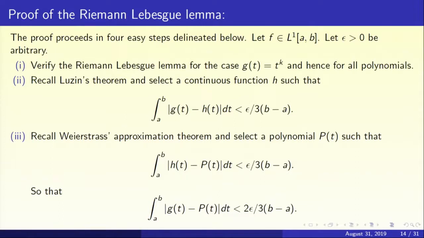The first thing is, let us verify the Riemann Lebesgue lemma for the case when g of t is t to the power k. What are we supposed to check? Integral from a to b t to the power k sin nt dt goes to 0, and integral t to the power k cos nt dt goes to 0.